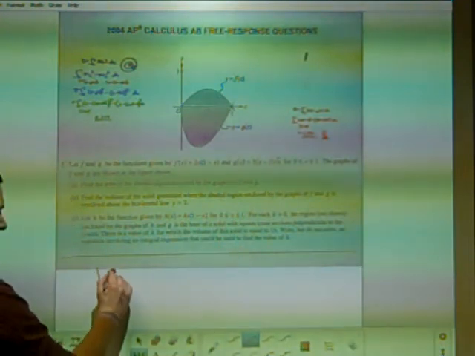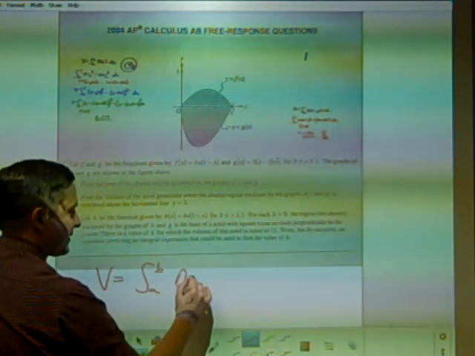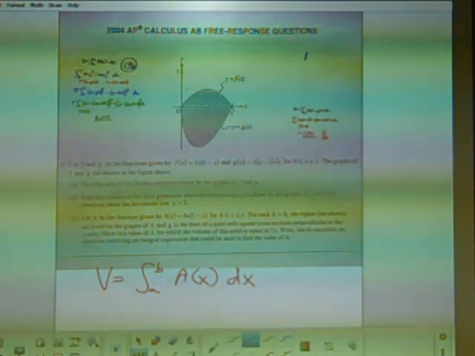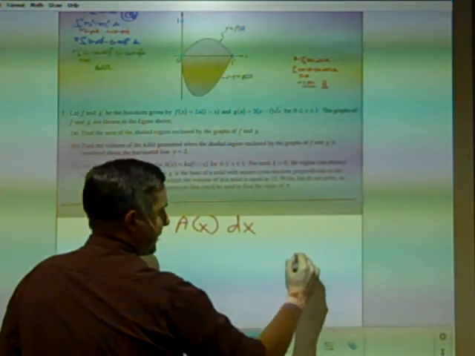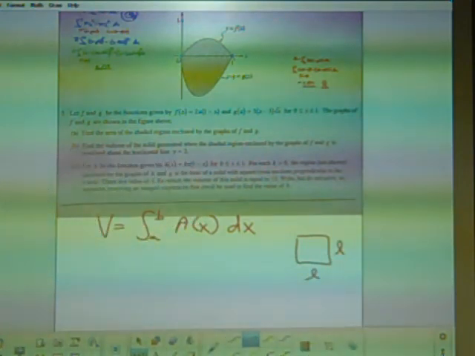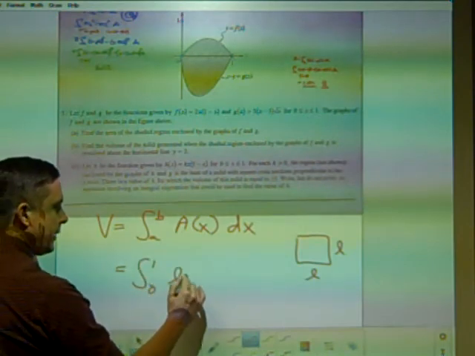Do we agree volume equals integral from A to B, since it's perpendicular to the x-axis? Do you all agree with this? What kind of shape do we have? Squares. Do we agree that a square is just L by L? So again, 0 to 1, L squared dx.